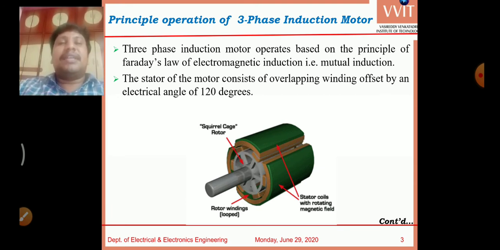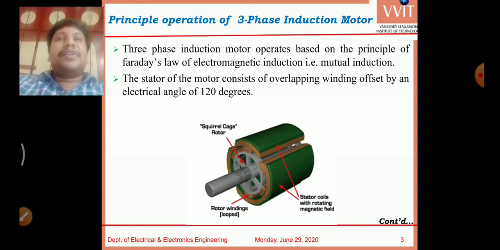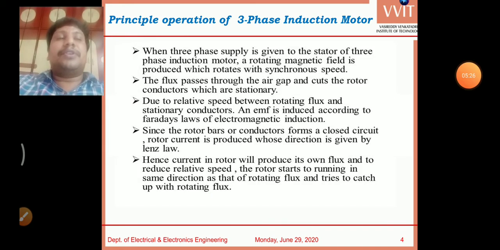That's why the rotor speed never reaches the rotating magnetic field speed, that is, synchronous speed Ns. If the speed becomes equal, there would be no relative speed, so no EMF induced in the rotor and no current flowing, and therefore no torque would be generated. Then the motor would always be at rest.